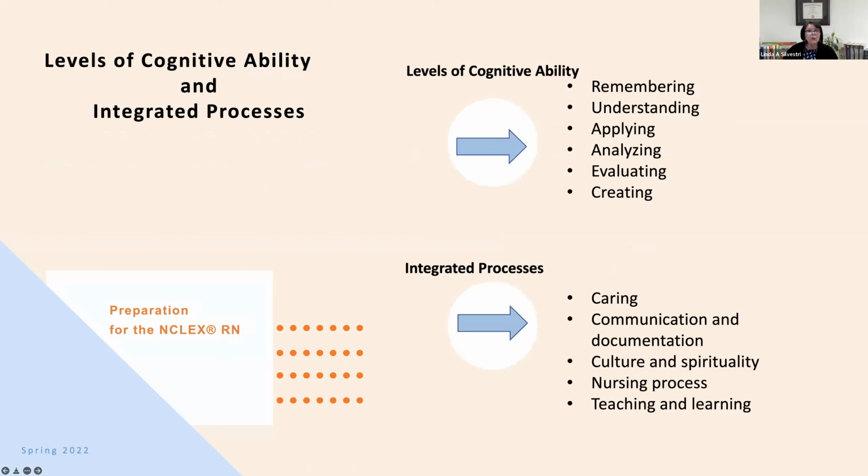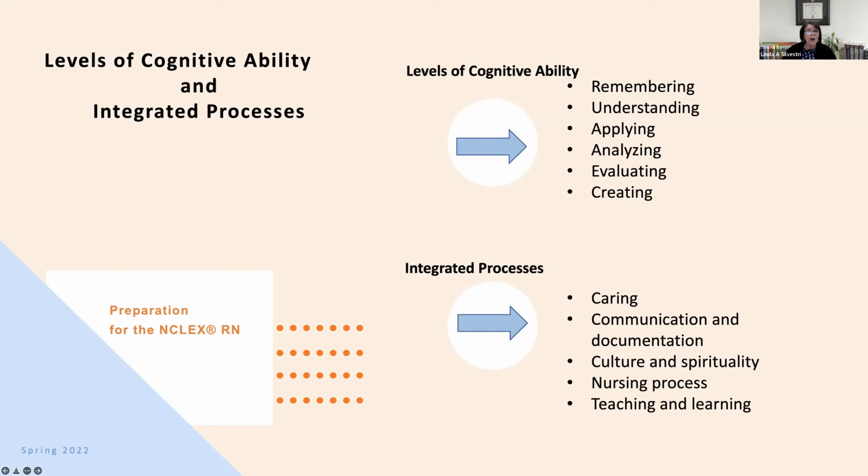All right, so let's take a look at the level of cognitive ability and the integrated processes. So your questions on the exam, these are the levels of cognitive ability. But the questions on your exam are not going to be remembering questions, and they're not going to be understanding questions. They're going to be applying, analyzing, evaluating, and creating questions. So you're not going to see a question that says, what is the normal blood glucose level?